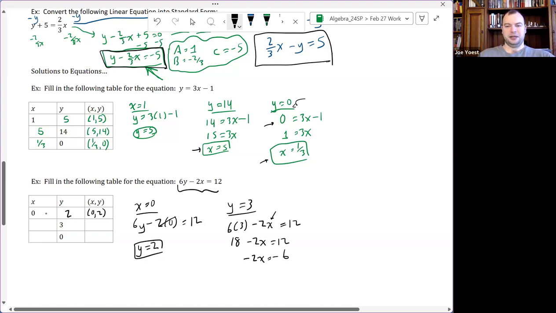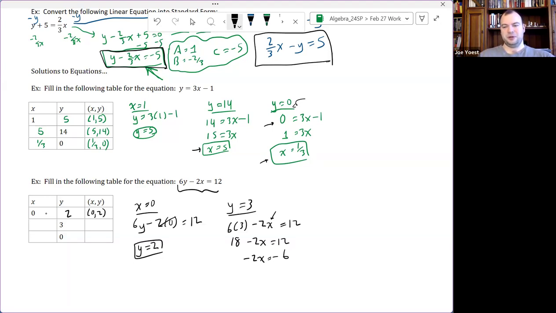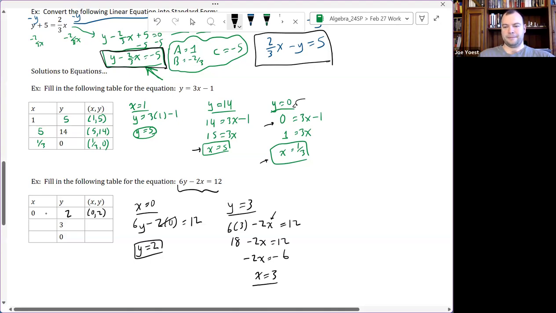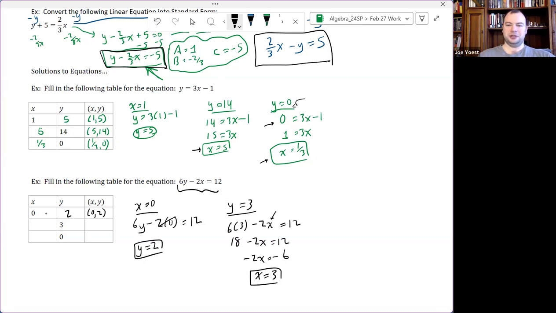I divide through by -2. Remember, this is not an inequality. This is just an equals. So we don't have to worry about flipping direction or anything like that. Divide through by -2, and I get x equals 3. Does that make sense? 6 times 3 is 18, minus 2 times 3 is 6, 18 minus 6 is 12. That does make sense.